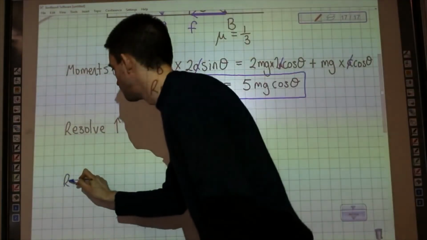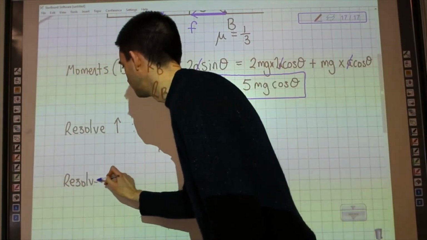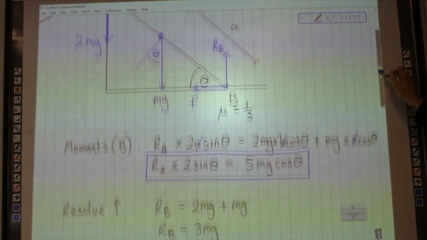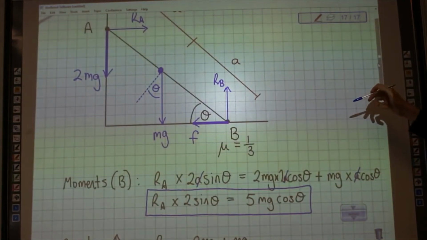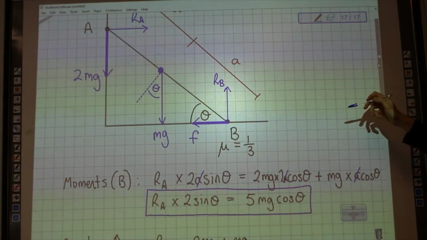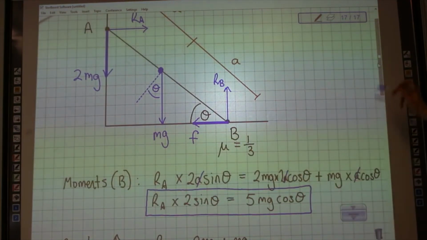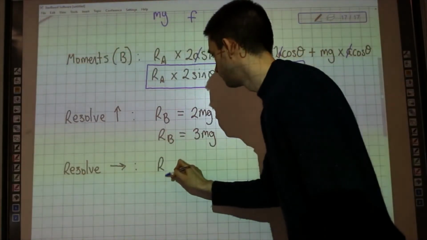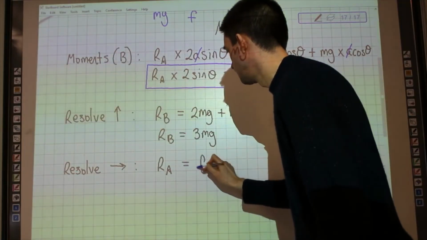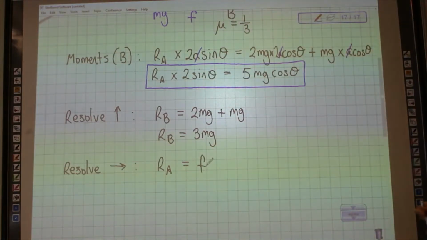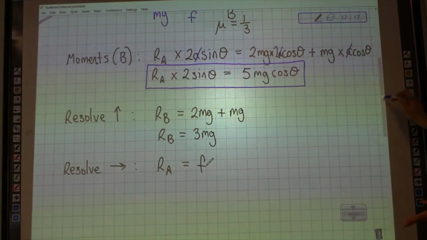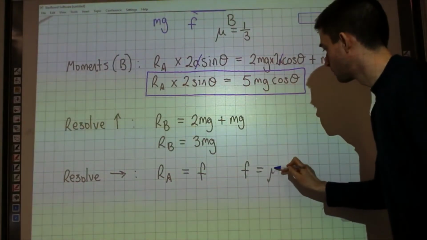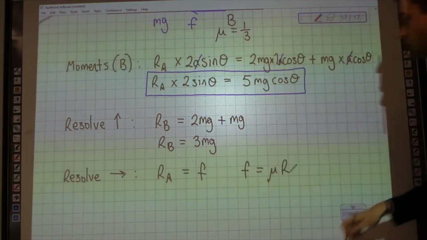Right, now let's resolve horizontally. And again, if you look at the diagram horizontally, there's only actually two forces that are acting horizontally. One is the reaction at A and one is the friction. So the reaction at A is equal to the frictional force. Now, however, the other thing that I know is that friction is mu times reaction.